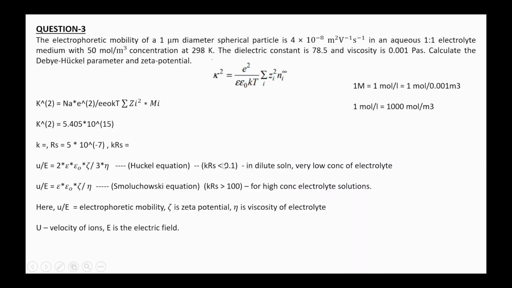So once you get to know which equation satisfies the following case, you can easily calculate the zeta potential. So that's the reason I am going to leave it here so that you guys can solve and come with the answer in the next session. So that's all for today.